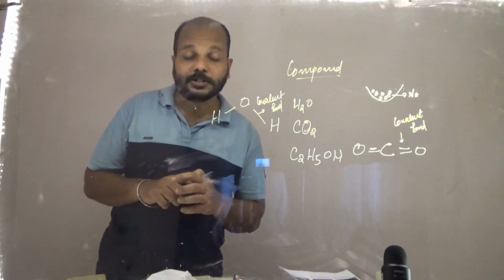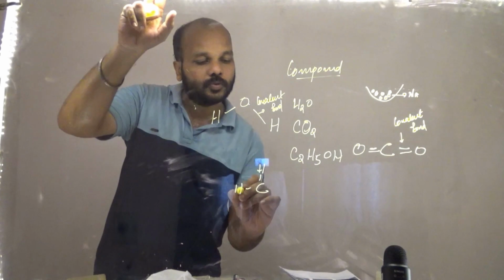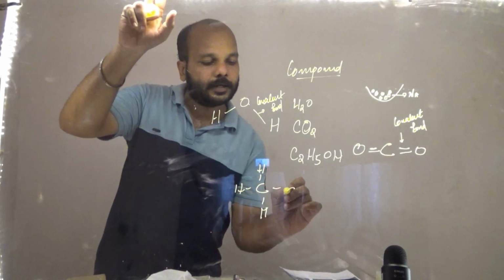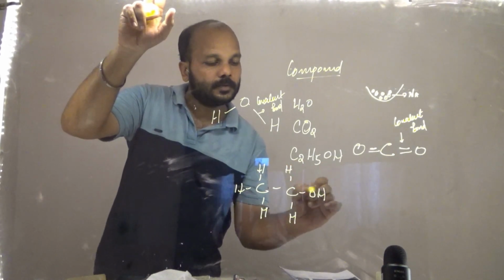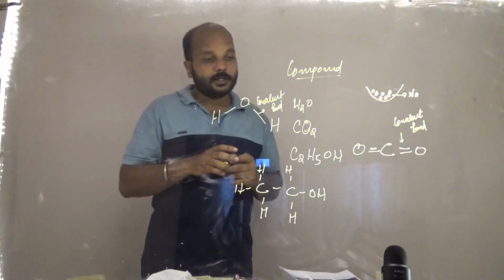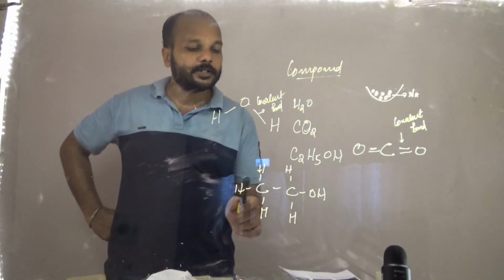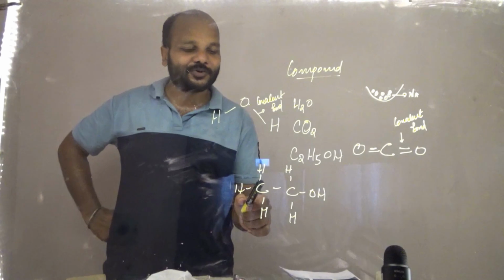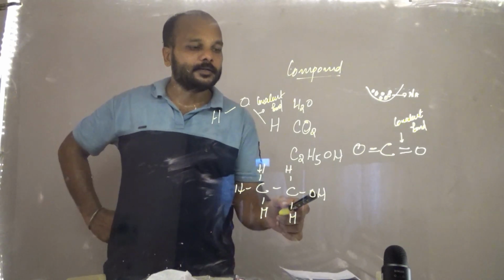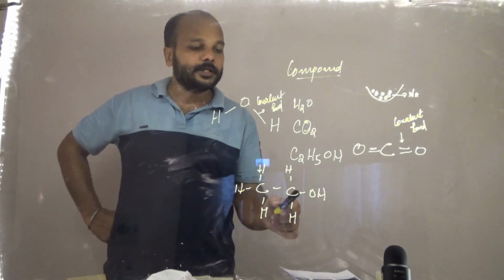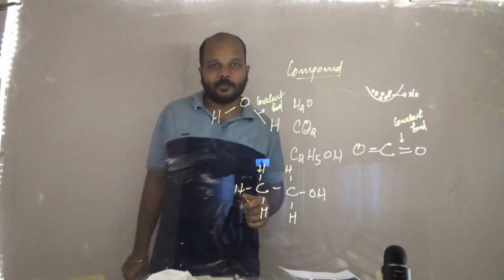If you write ethanol, it comes this way: 1, 2, 3, again another carbon, 3, 4, 5. Three hydrogen atoms are bonded to this carbon, two hydrogen atoms are bonded to this carbon, and this hydroxyl group is bonded to this carbon atom. So this is an example of ethanol.